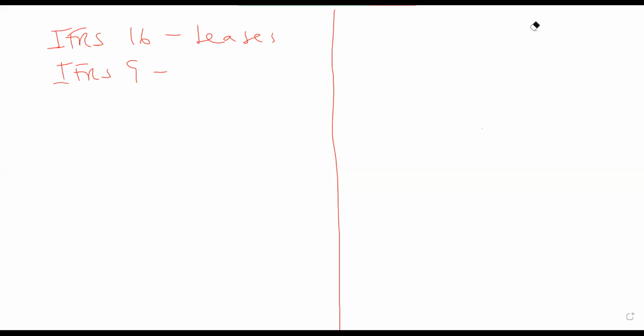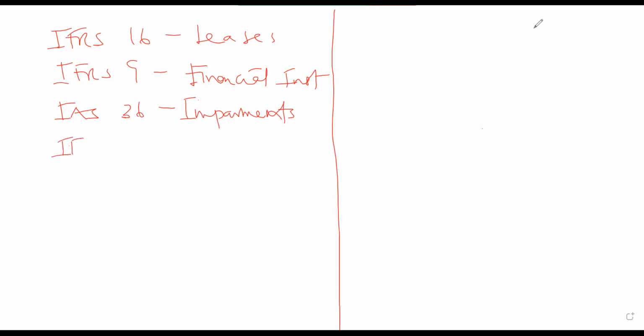We have done IAS 36, that is impairment. Okay, we are going to do IFRS 5 today. That is non-current asset held for sale.